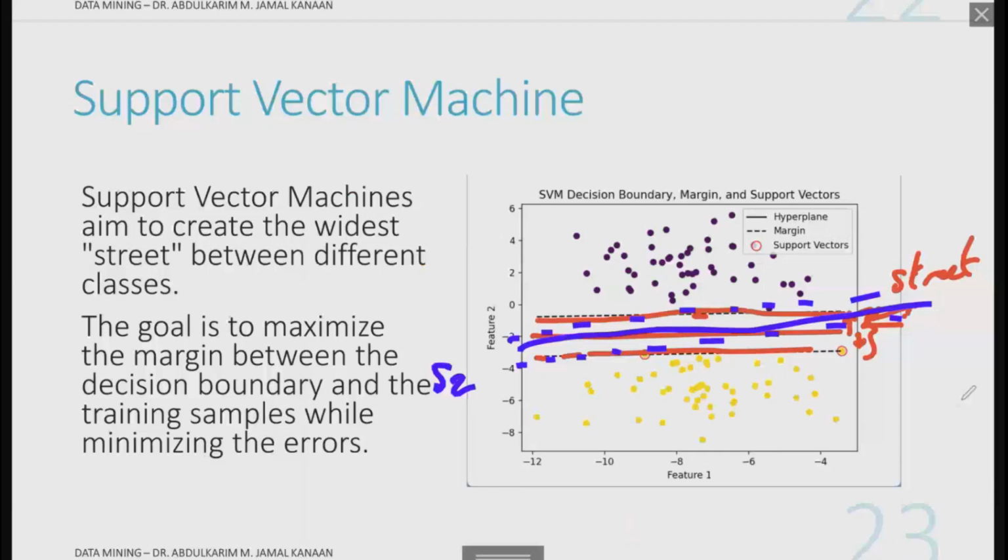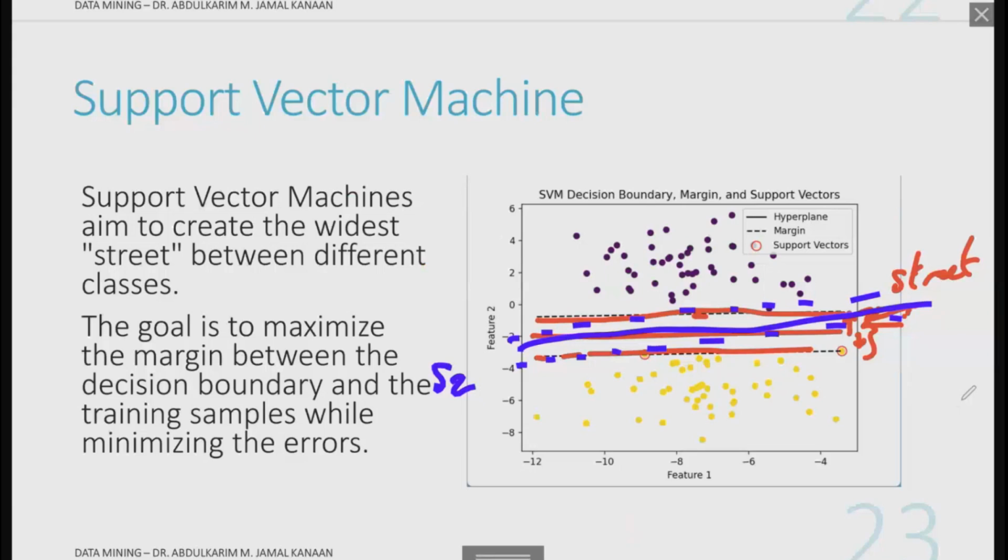Why? The logic behind support vector machine supporting this decision is that as you have a wider street, the chance of overfitting will drop down. Your model is less prone to overfitting. As you have a narrower street, the chance of overfitting increases a lot.